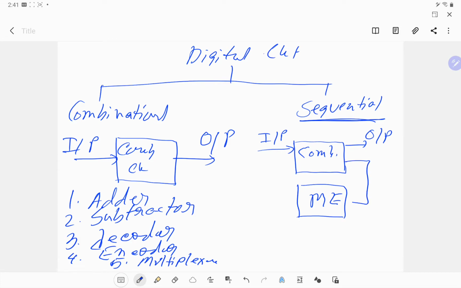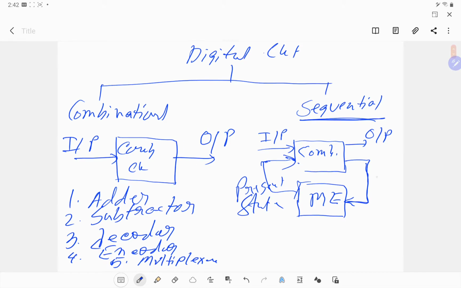Some states are stored in the memory elements, and the stored states act as an input to the next operation. This is called the present state. That's the next state.